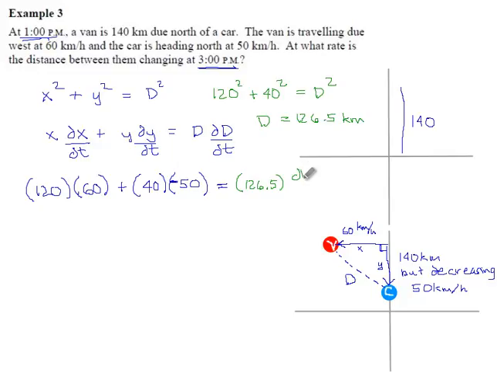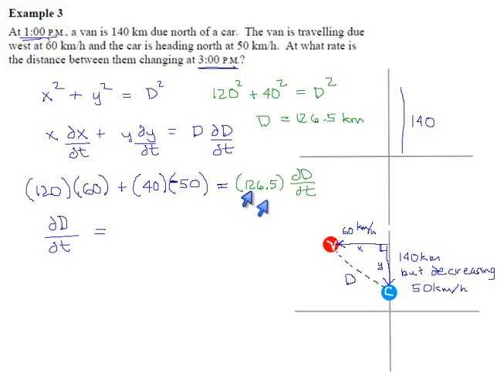And finally, we have the dD/dt that we're trying to solve for. So if we hammer all this out, we should be able to get dD/dt. I'm going to calculate this entire left-hand side, and then I'm going to divide it by 126.5. So 120 times 60 plus 40 times negative 50 gives me 5200.